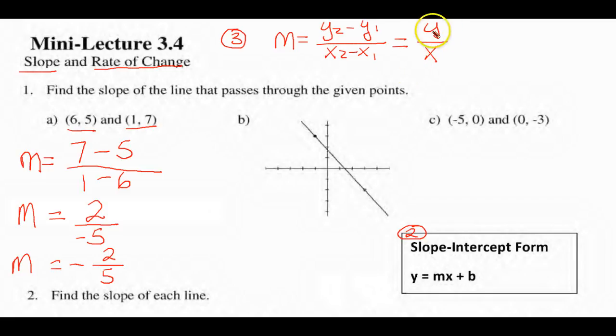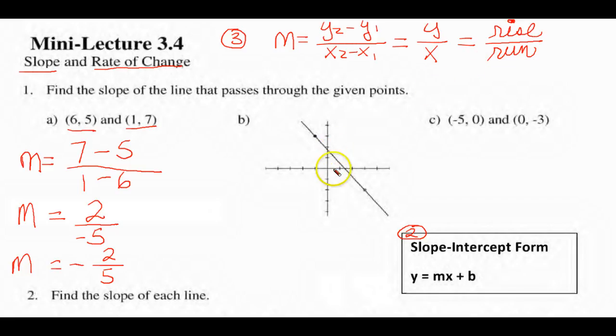And as we look at the y units, this is like up and down, so we say that is rise. And we say the x units this way, we call that the run. So a couple of ways to look at slope. It's a ratio of y over x, or rise units over run units.